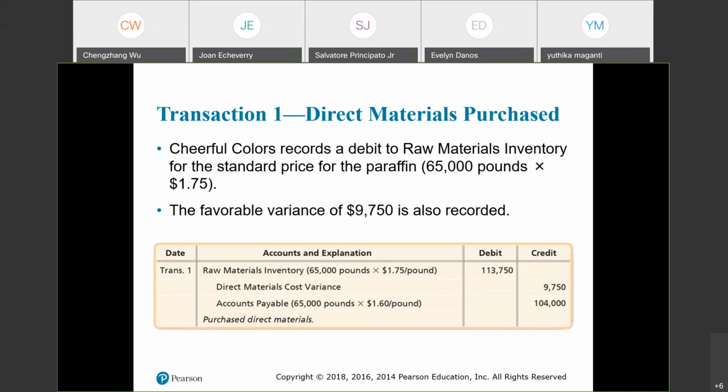In contrast, the credit to accounts payable is for the actual quantity of paraffin purchased at the actual cost.